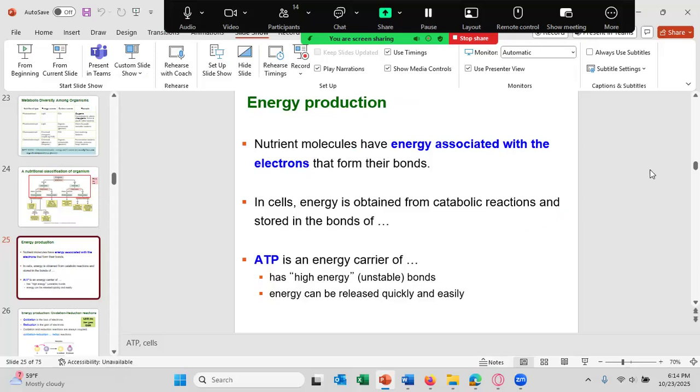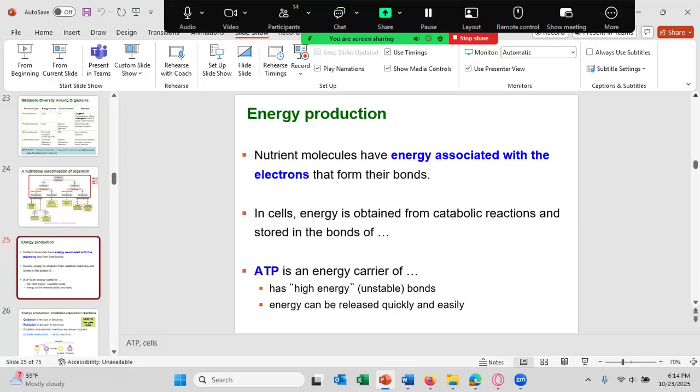Nutrient molecules give us energy. That energy comes from the electrons in the bonds of that molecule. Like in glucose, we can harvest the energy from it by digesting the glucose and breaking the chemical bonds in the glucose.